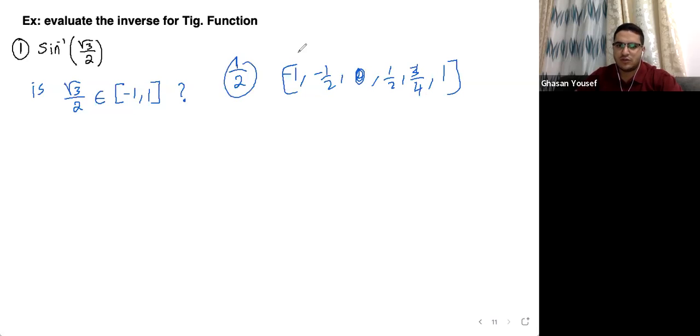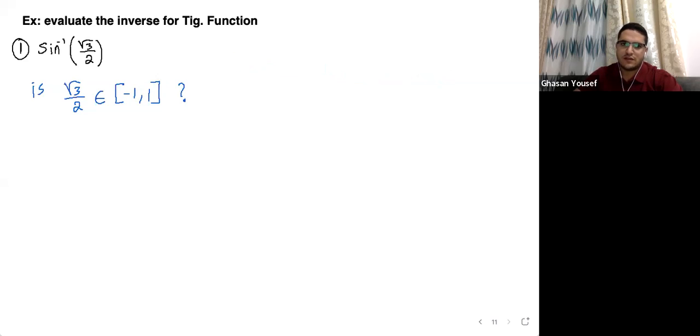So the 1/2 belongs to this interval. This is correct. So the answer is yes.